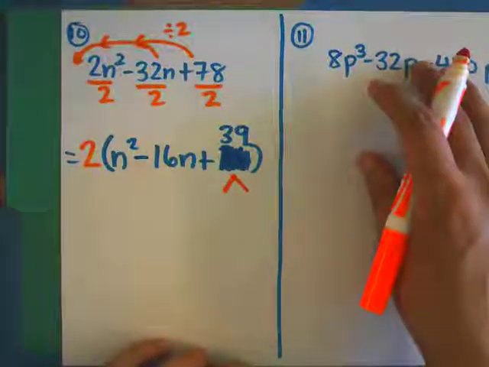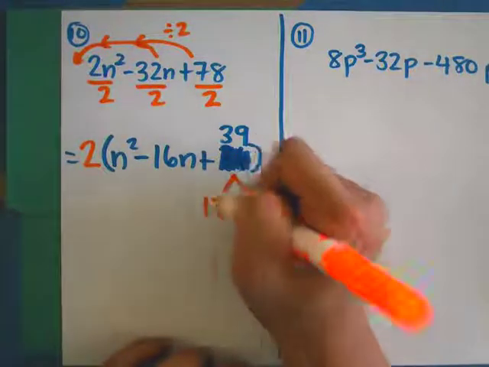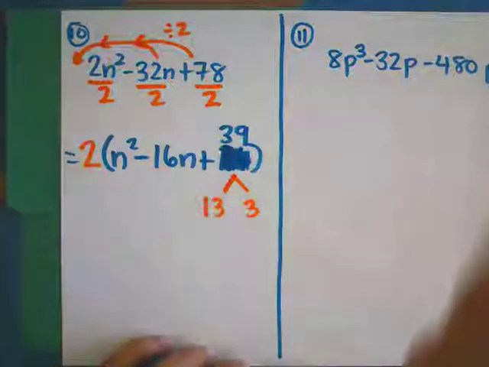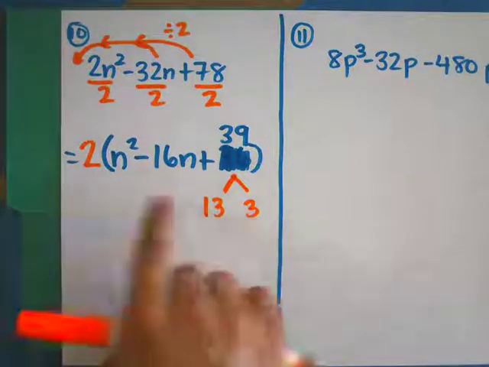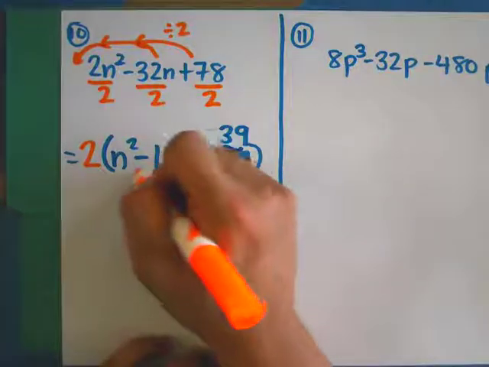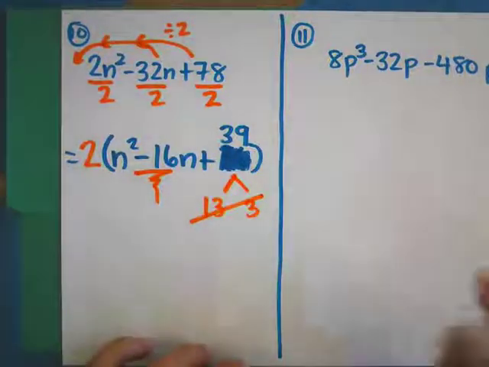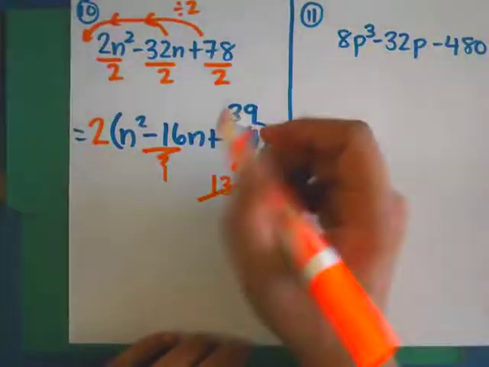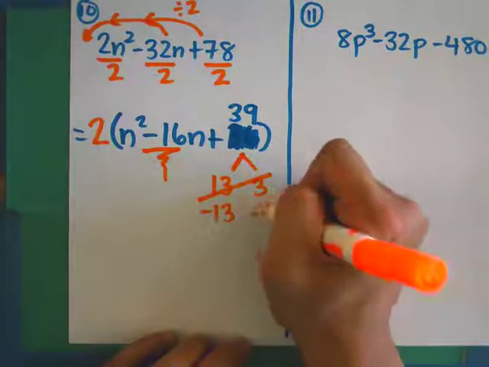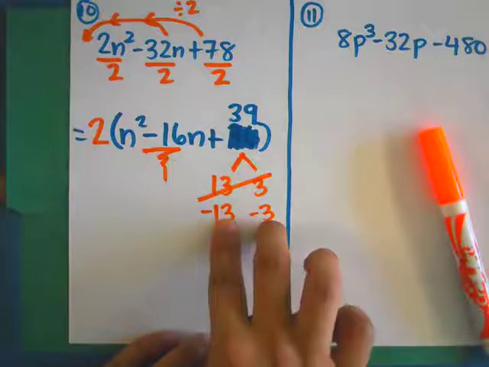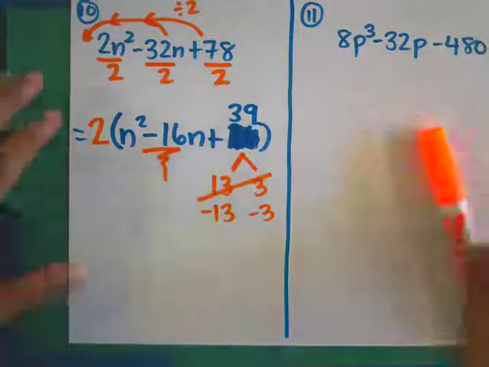Okay, the only pair I can think of is going to be 13 times 3. Okay, but the only problem with 13 times 3 is we add it up, it's going to be positive 16, and we want negative 16. So we probably don't want these two pairs. We probably want either both positive or both negative, because a negative times negative is equal to a positive number.